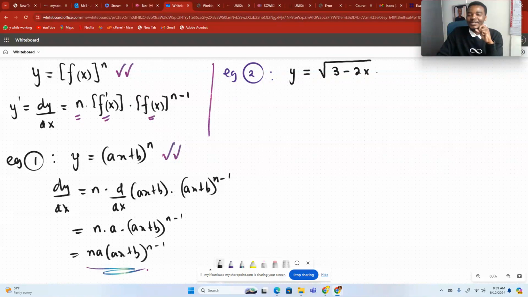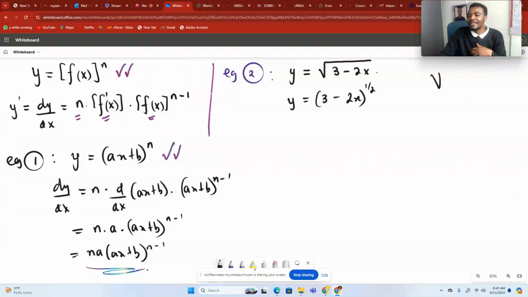Before we say dy dx, let's make sure that we rewrite our y value in the standard form, in the form f of x to the power of n. So in this case, we are going to write this as 3 minus 2x to the power of half.